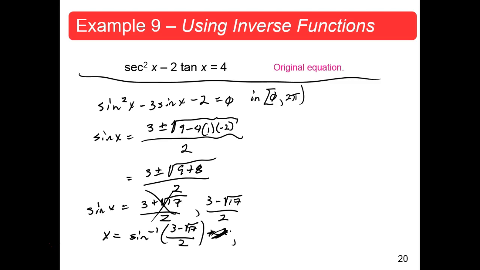No, it isn't, because it's outside. This is a negative. The inverse sine is a negative x, okay? Because remember, for inverse sine, all your negatives are left of 0. So what you have to do is add to that 2 pi. Add 2 pi to the inverse sine of this. Okay.